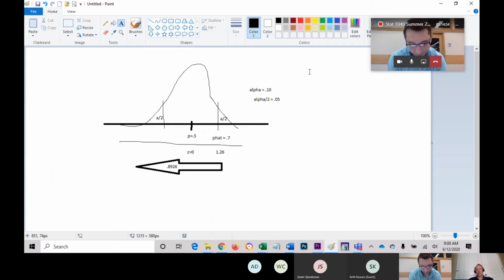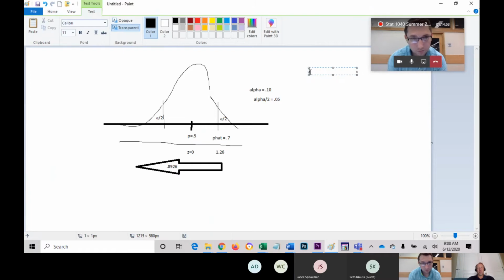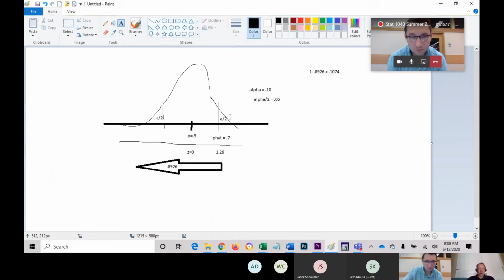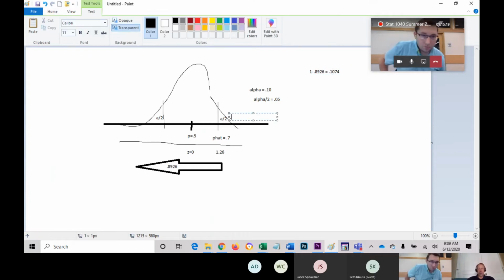We're sticking with the z-test today. Subtract it from 1. So the area to the right is 1 minus 0.8926, which is going to equal 0.1074. So this area right here on the right side is 0.1074.